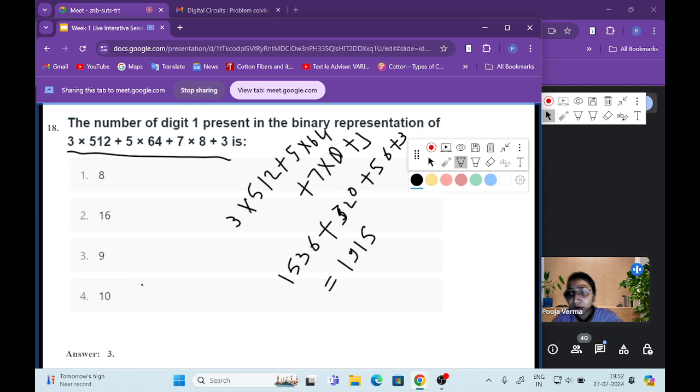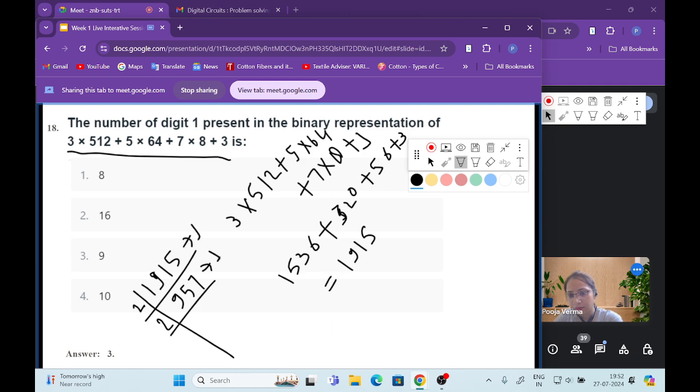So in order to find the number of ones, we need to take its binary representation. Just divide by 2. So it is 957, with 1 left. When you divide again by 2, you get 478. Again you divide, nothing will be left. So 239.